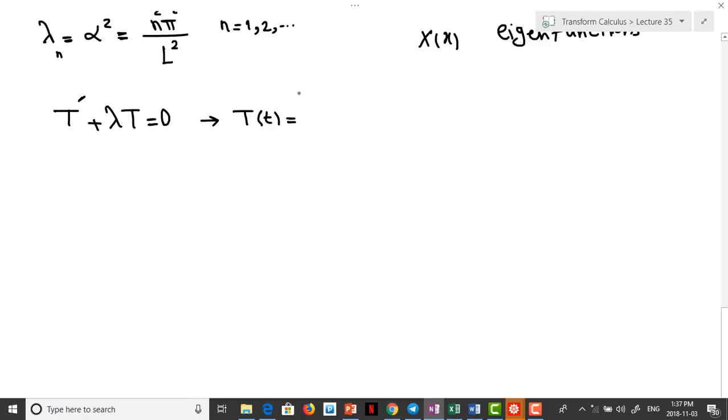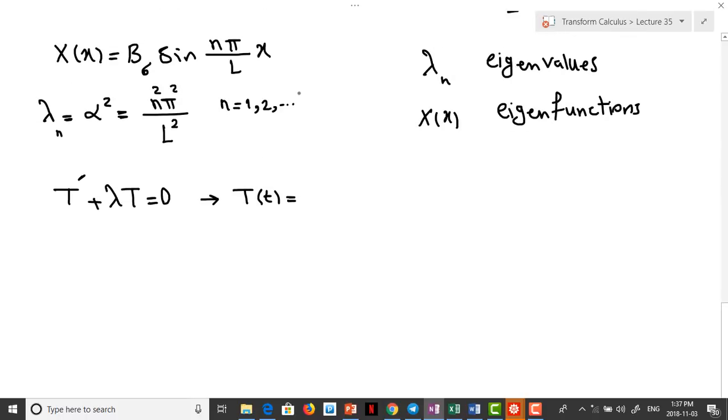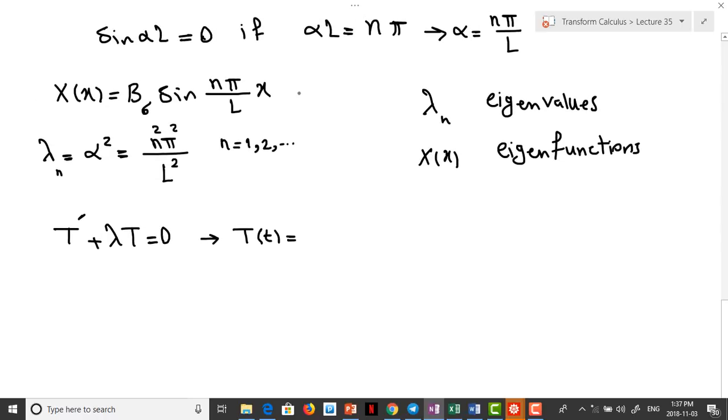So we have b7 e to the power of minus lambda t, and we know that lambda here is n squared pi squared over L squared. So we have n squared pi squared divided by L squared times t.